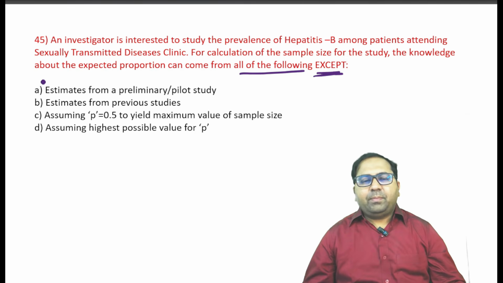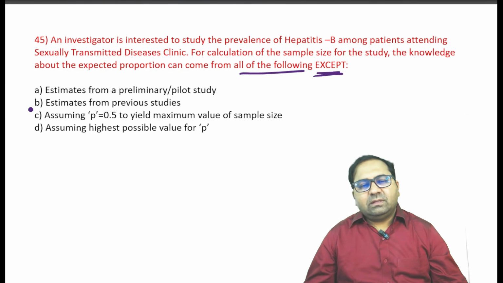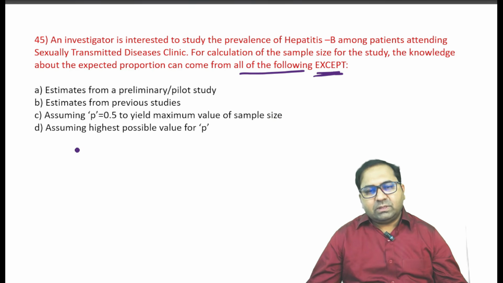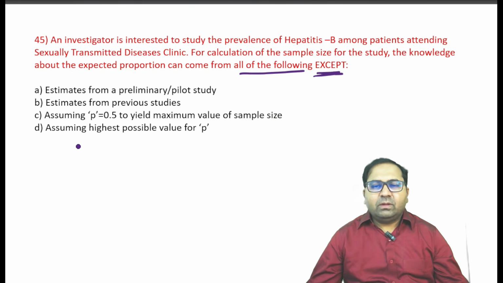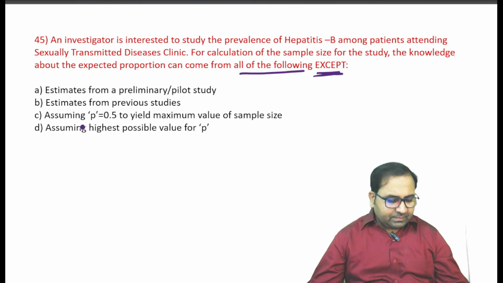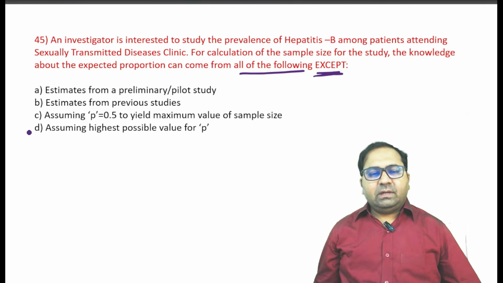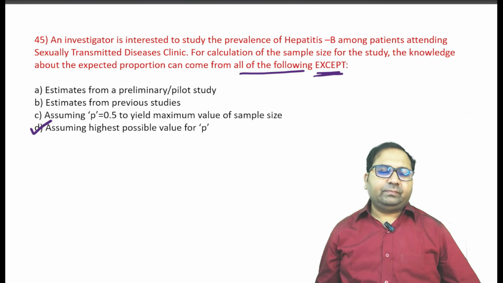A, estimates from a preliminary or pilot study, B, estimates from previous studies, or C, assuming P is equal to 0.5 to yield maximum value of the sample size, or D, assuming the highest possible value for P. So what is the answer for this question? The answer for this question is D, assuming the highest possible value for P.